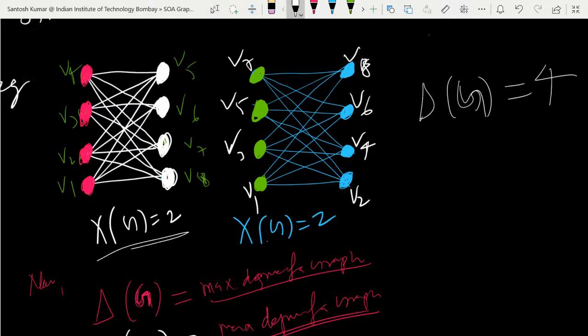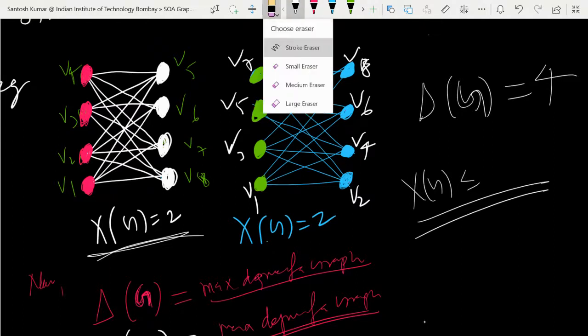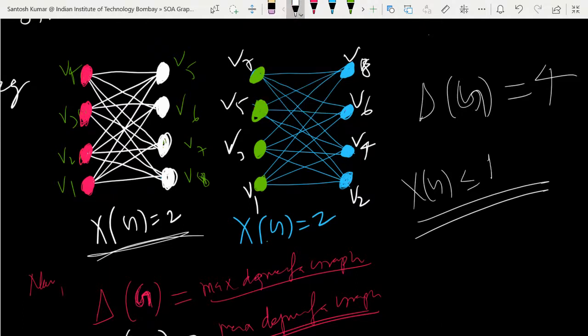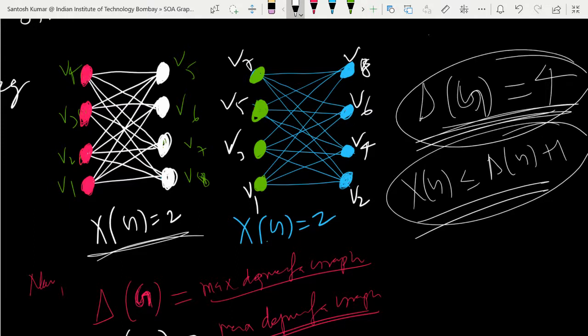So chromatic number of G is less than or equal to 4 plus 1. Take any one vertex: every vertex will have at most delta G neighbors. In this case, every vertex has 4 or fewer neighbors or adjacent vertices.